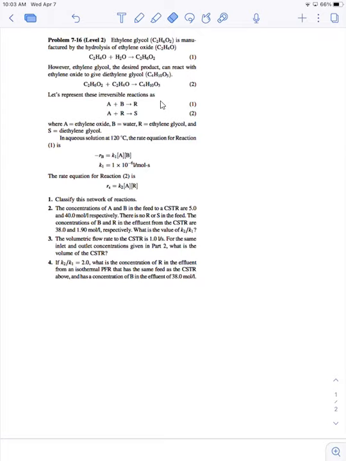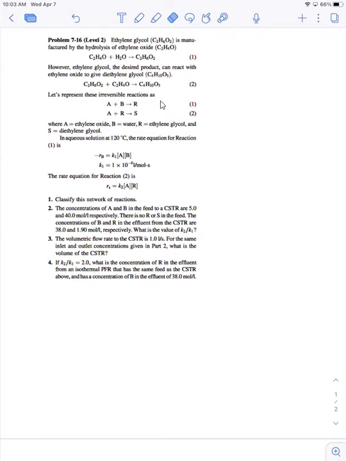So basically it gives you these reactions. Ethylene glycol is manufactured by hydrolysis of ethylene oxide. However, ethylene glycol, the desired product, can react with ethylene oxide to give diethylene glycol. And so then you just present these as A plus B goes to R, and then A plus R goes to S. And then it gives you the rates.